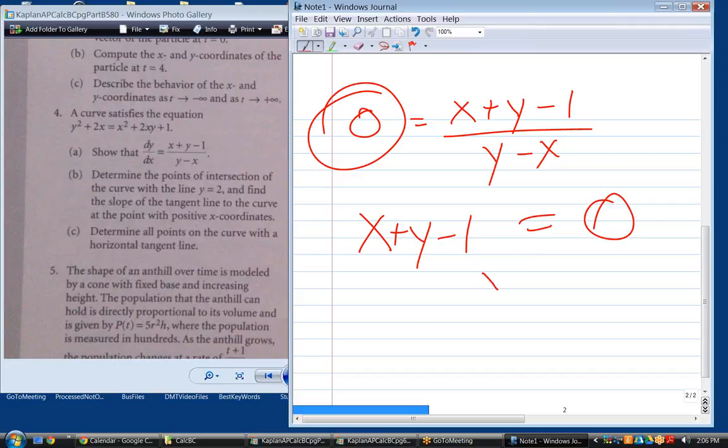So if I solve this, I get y equals 1 minus x. So when y equals 1 minus x, we should have a horizontal tangent line.